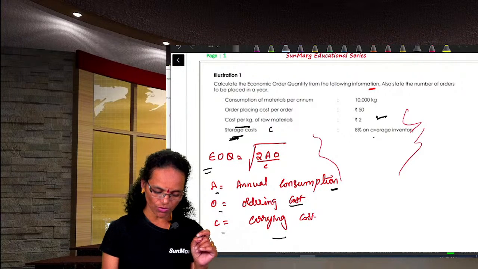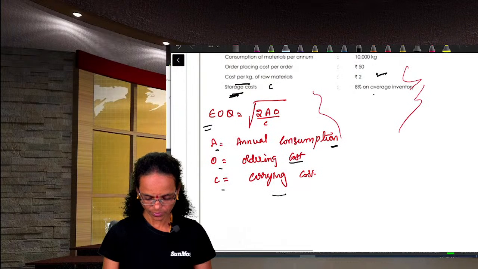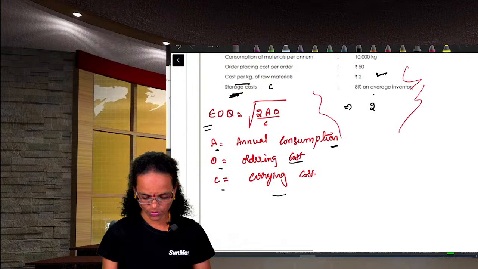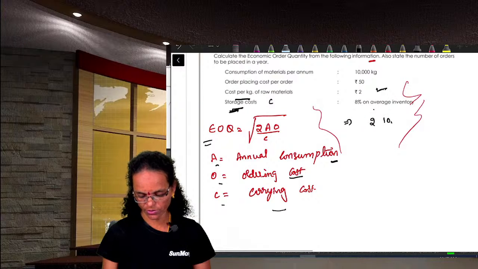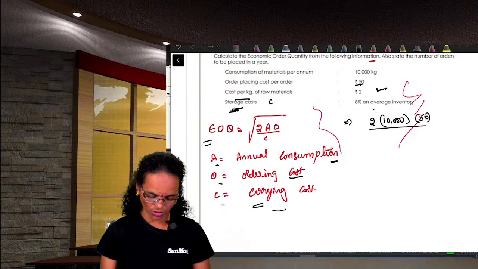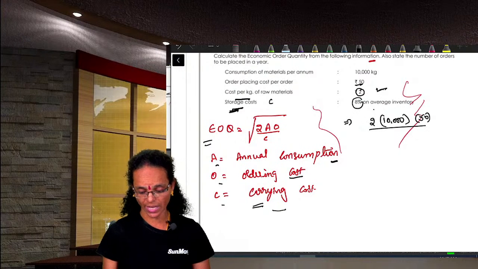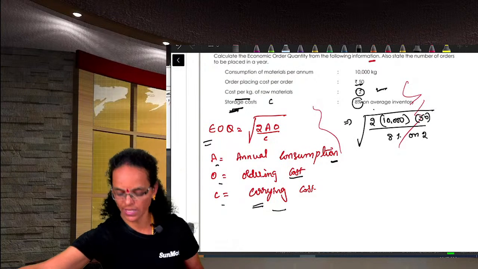Right. Now we will substitute. 2A is 10,000 units or kgs, O ordering cost is 50 rupees, by C. C is the carrying cost. Carrying cost is 8% on inventory cost, and inventory cost is 2 rupees. So, take the calculator.